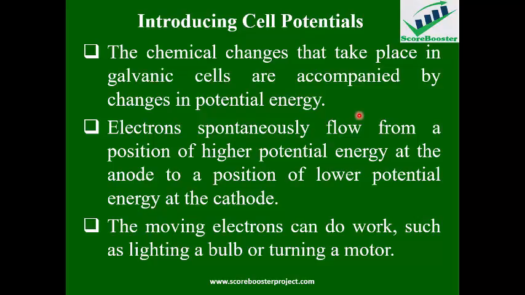During the flow of electrons from the anode to the cathode, if there is a change in potential between the anode and the cathode, then we can use that cell for applications. An example is to light up our bulb. If there's no change in potential, then we can't do anything.